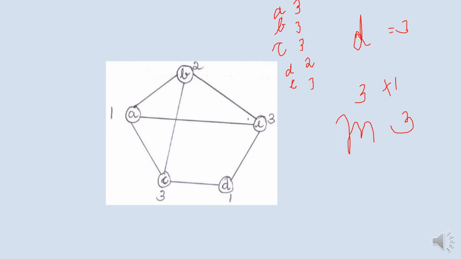Then when coming to the vertex E, the vertex B is colored with the color 2, its adjacent vertex A is colored with the color 1 and its adjacent vertex D is colored with the color 1. So I can color it with a different color, that is color 3, apart from 1 and 2.